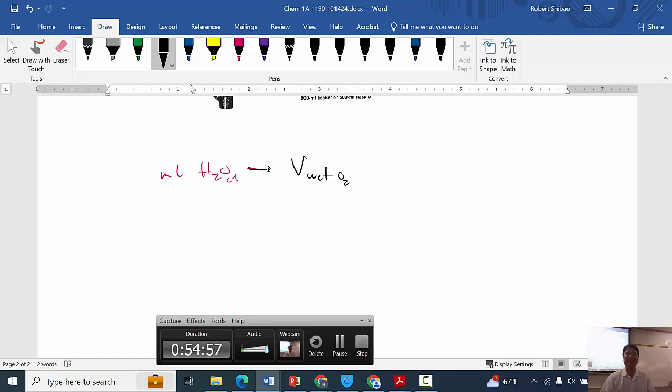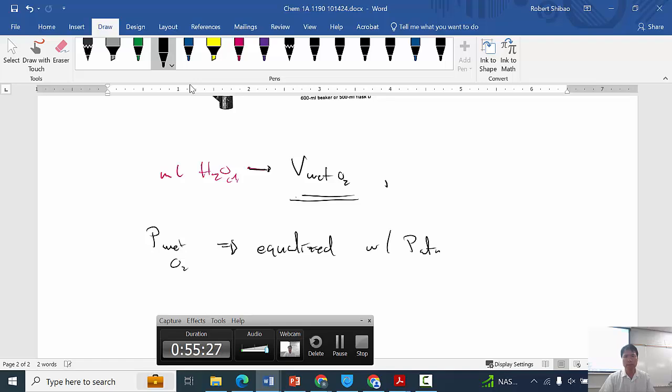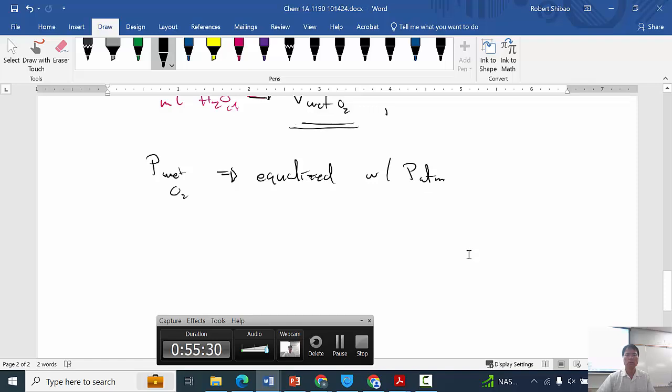Okay, then we need to measure the pressure of the wet oxygen. And since we equalize the pressure with atmospheric pressure, we're going to measure it using the barometer.